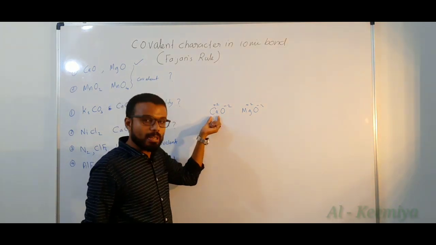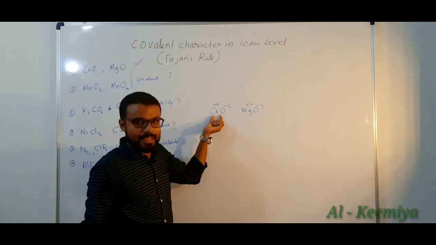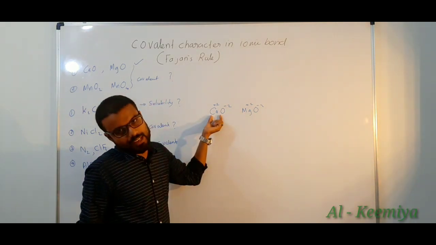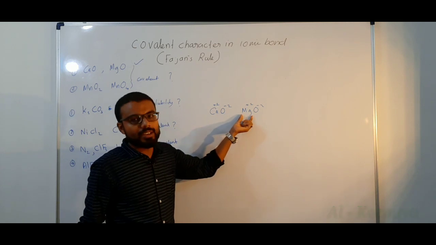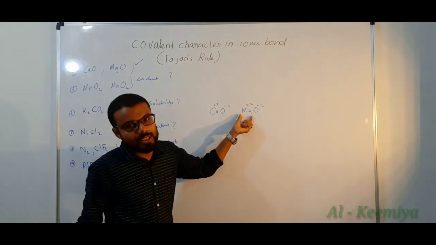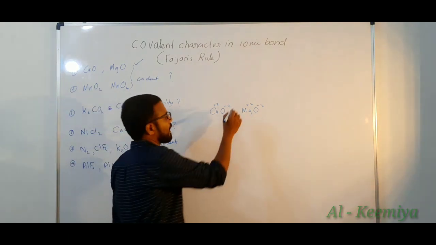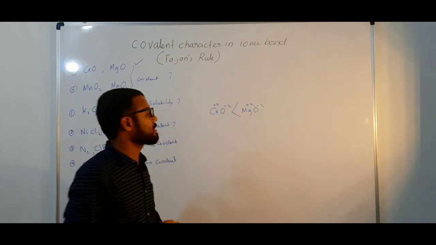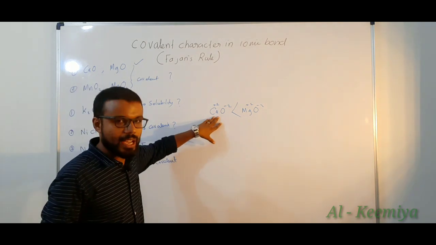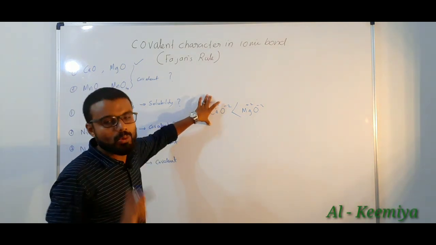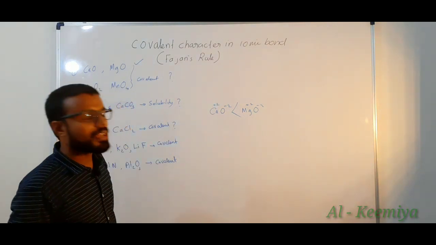Calcium comes below magnesium, so calcium is bigger in size and magnesium is smaller. Smaller the size of the cation, higher the polarizing power, higher will be the covalent character. So MgO is more covalent than CaO, or CaO is more ionic than MgO.